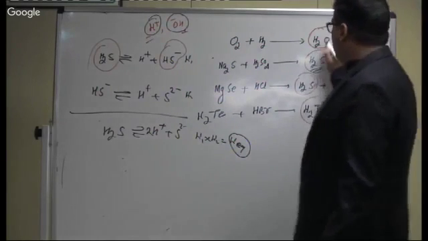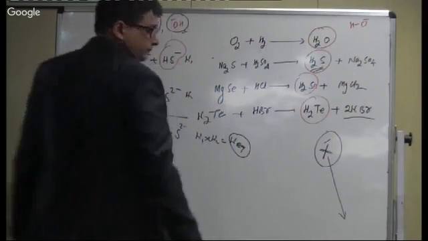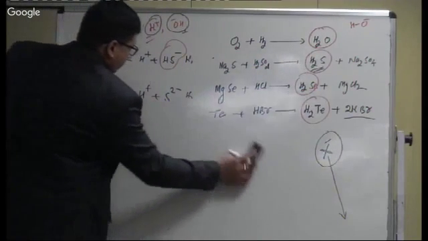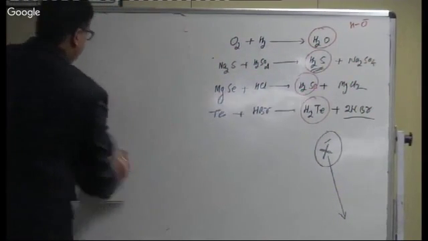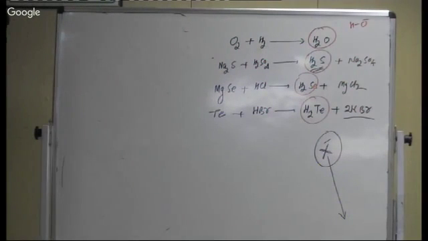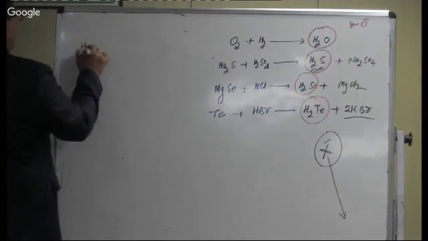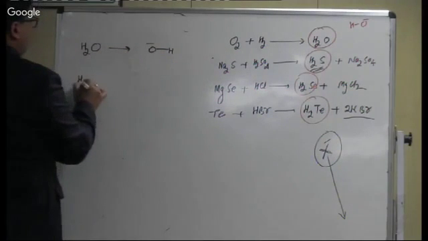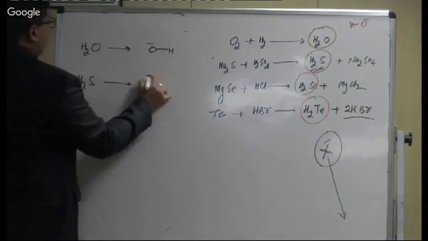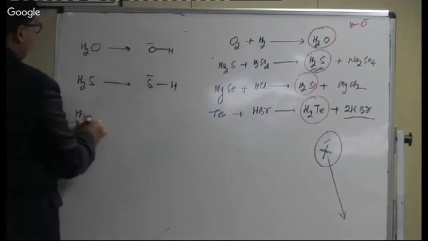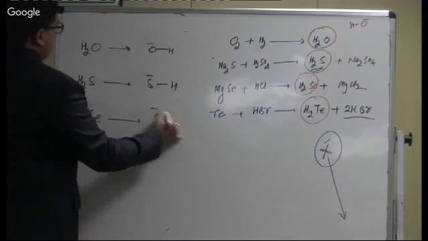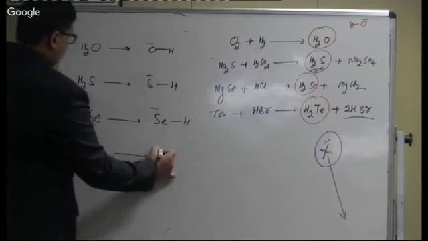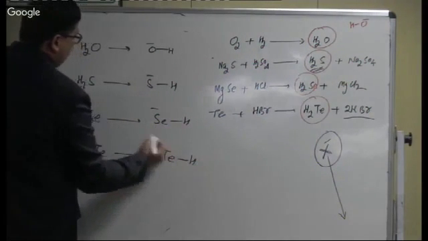See, for H2O, the conjugate base is OH minus. For H2S, the conjugate base is SH minus. For H2Se, the conjugate base is SeH minus. For H2Te, the conjugate base is TeH minus, right?